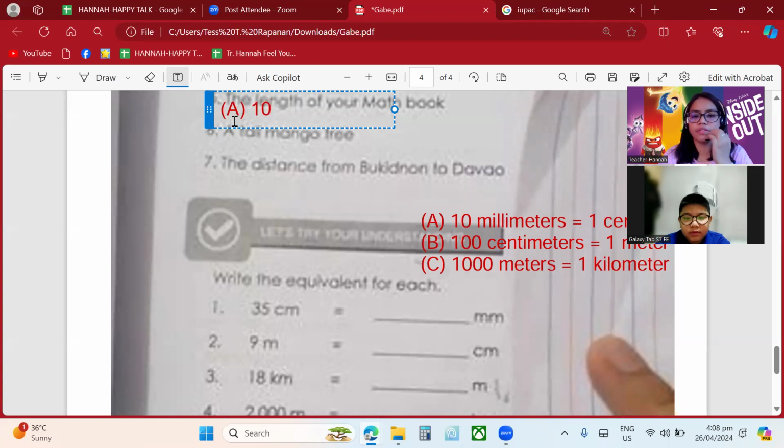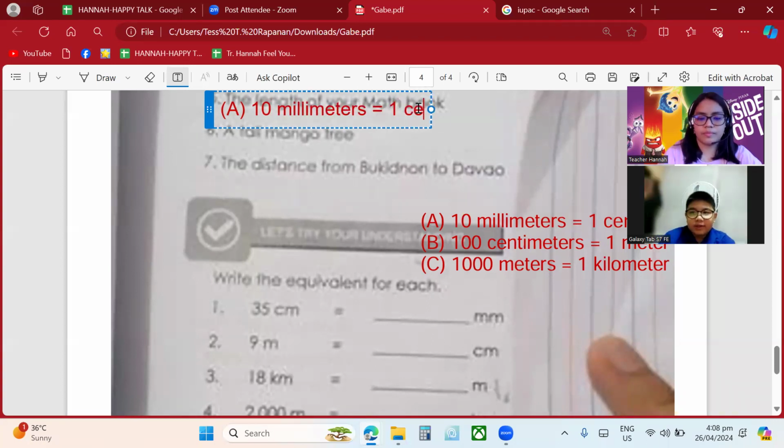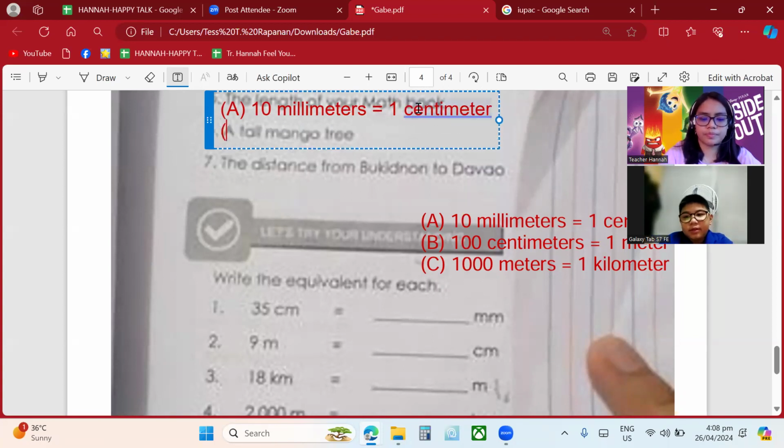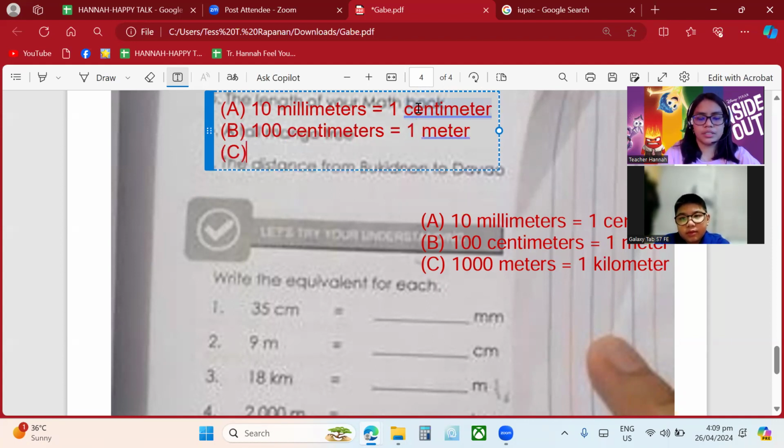What is 35 centimeters in millimeters? It will be 100 centimeters, 1 meter. 1,000 meters, 1 kilometer.